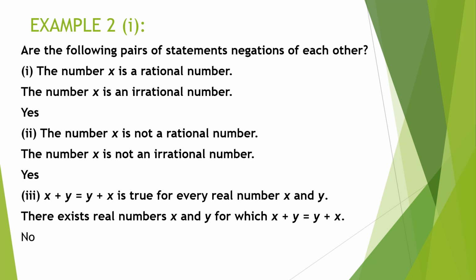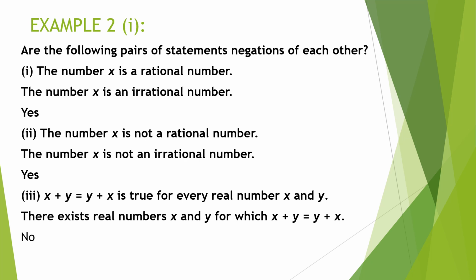Third case, x plus y is equal to y plus x is true for every real number x and y. The second statement in the pair is there exist real numbers x and y for which x plus y is equal to y plus x. Now these are not negations of each other. Why? The first statement says x plus y is equal to y plus x for every real number x and y.